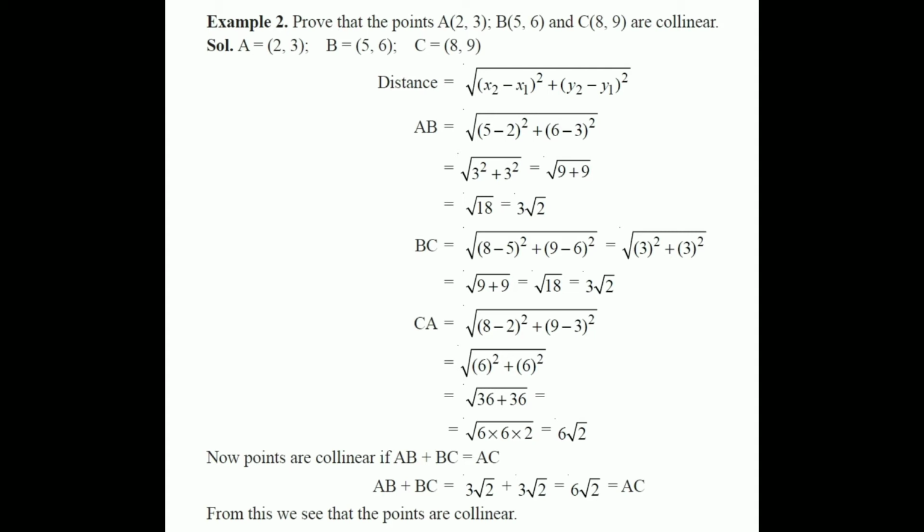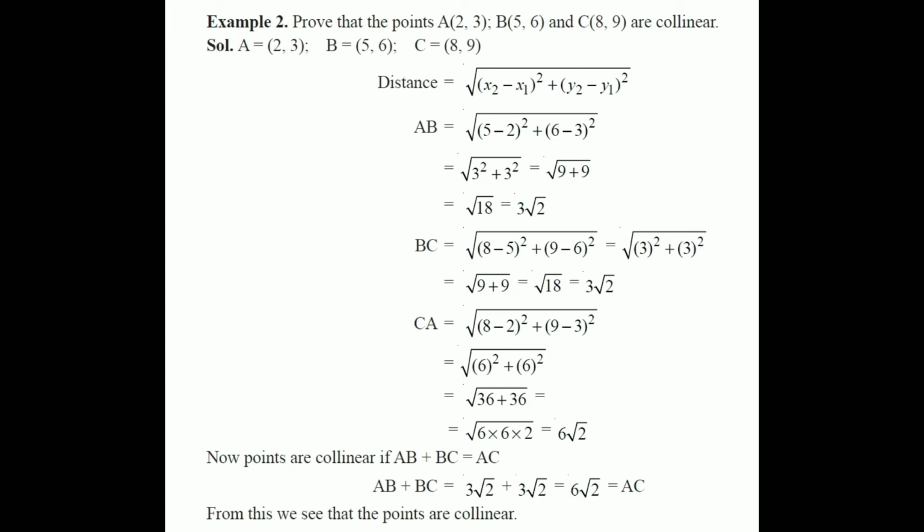Making the factors of 72 we get 6 into 6 into 2. 6 6s are 36, into 2 is 72 under root. Taking 6 outside the root, we get distance CA equal to 6 root 2.